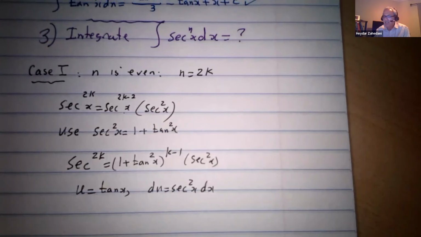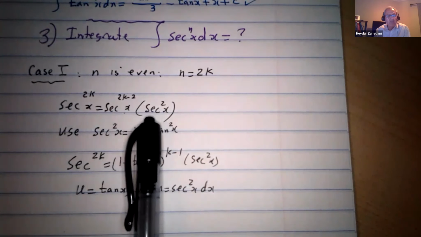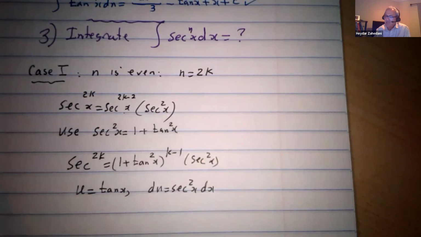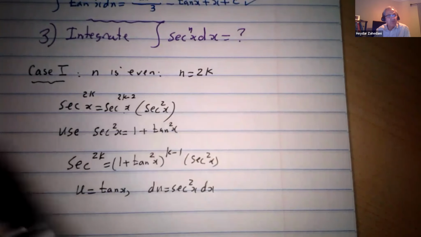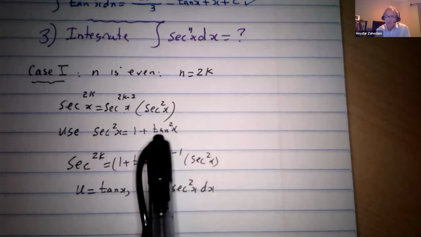So basically, the idea is for the even power of a secant, you cannot create that secant tan. So what you do, you change it to the tangent. The even part, you can change it to the tangent right away. Even if you don't do this one at the beginning, it's easier. You pull out the secant square, the leftover, change it to the tangent using this formula.